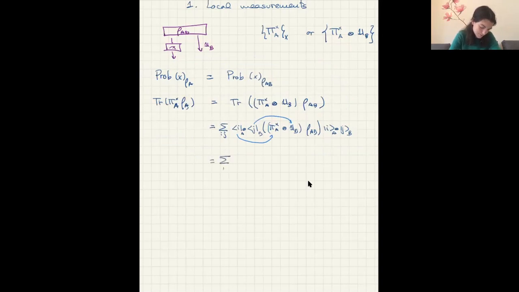So you get a sum over I, J. Here what we have is I, X, tensor J, identity on B. Then this whole thing multiplied by rho AB, I on A, J on B, right?